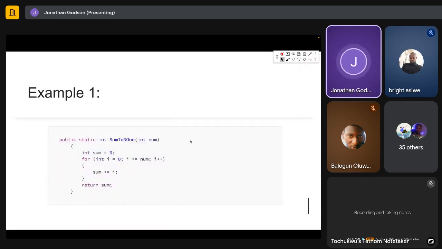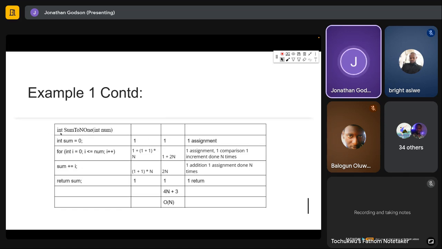So let's take this algorithm for example. Like the previous slide said, mathematical expression, comparison, and assignment, we denote as one operation. Let's assume you went for an interview and you are given an algorithm to do something like this: a simple operation where, given a number, you want to increment from 1 to that number and sum.